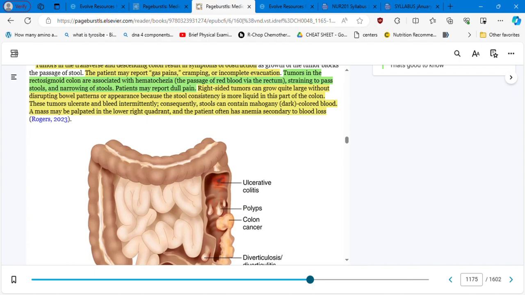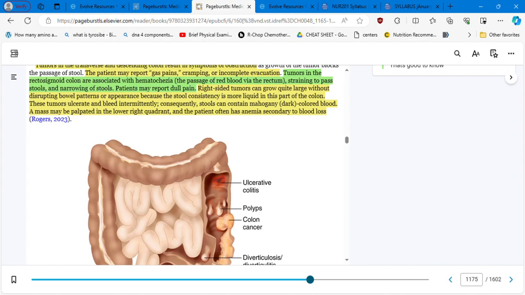Peristalsis, absorb the fluids, and with that peristalsis it is pushing the content, the feces, to the sigmoid and the rectum to be eliminated. That's the only thing the colon does. So the stool consistency is more liquid in the right side, meaning the ascending colon, because that's the part of the colon that is still receiving the content from the ileum, right?